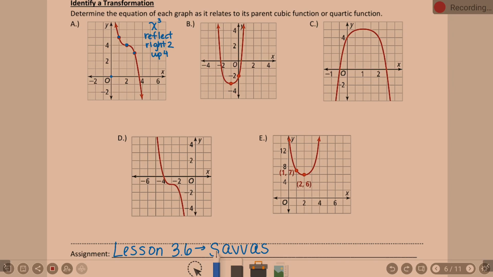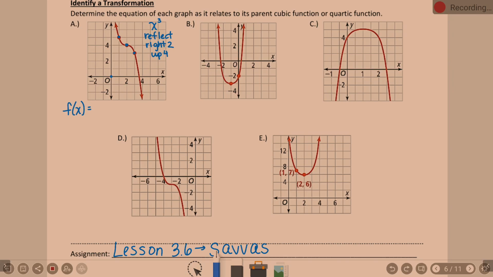Okay, so as we write this answer, I'm going to be official and start it off f of x equals. Keep in mind, f of x is the same thing as y. If you say y equals, I'm perfectly okay with that. Savas will probably already have the f of x equals, would be my guess. Okay, so you won't have to type that.